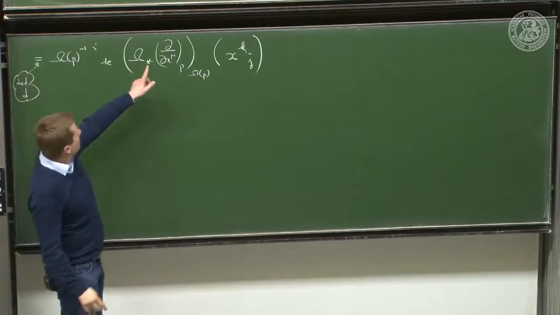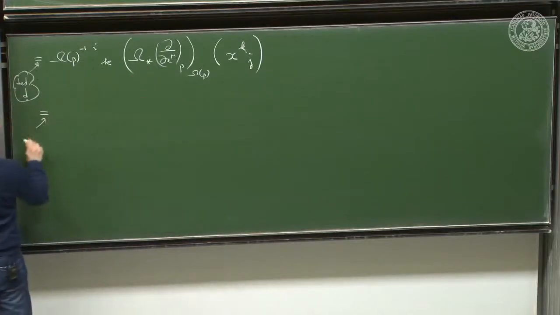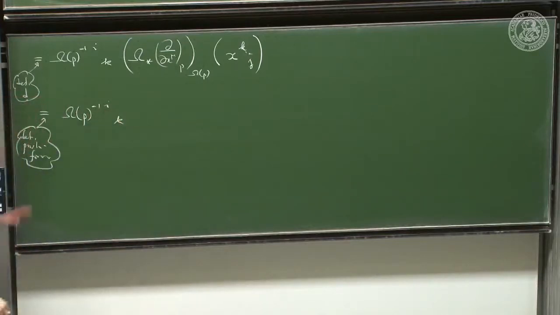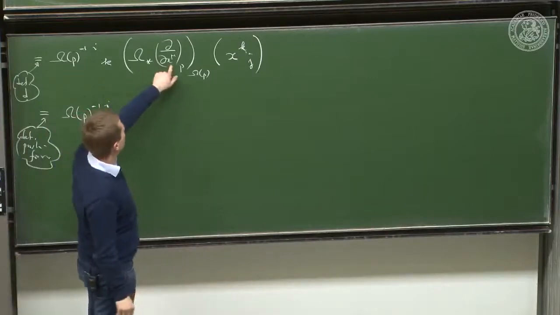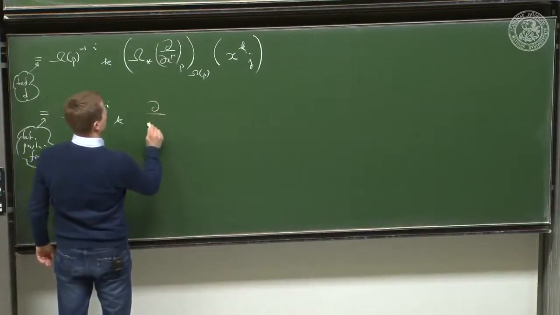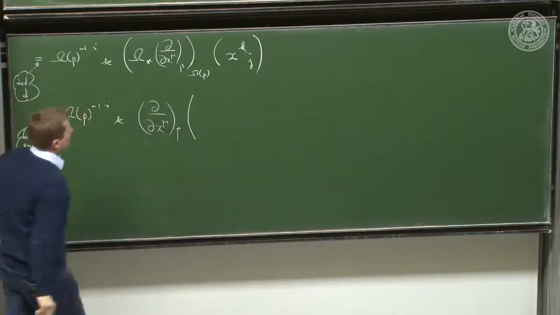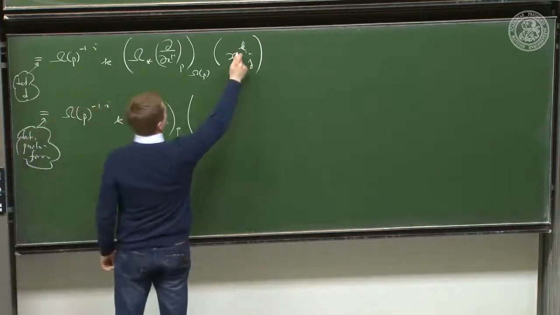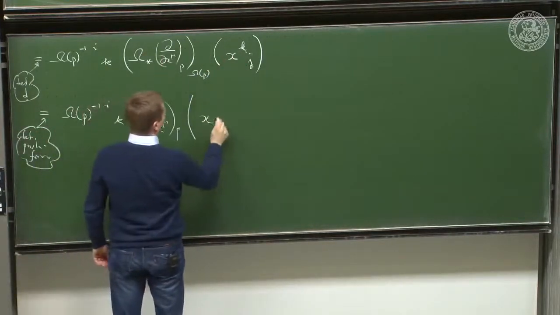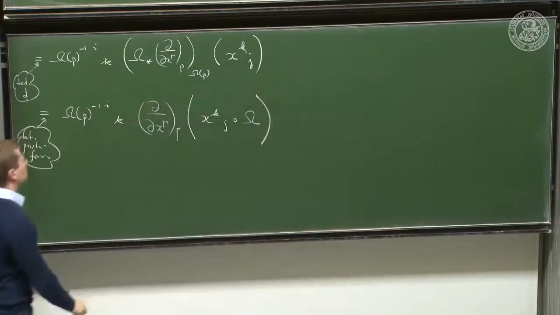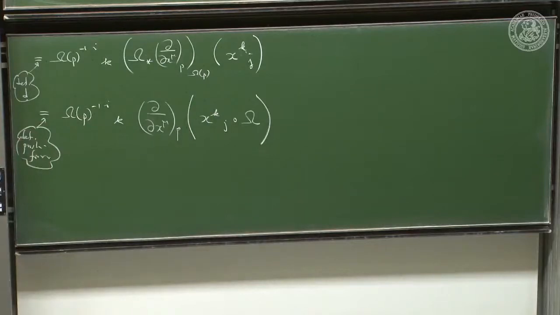But now we use the definition of the push forward. This is omega of p inverse, ik component. Now the definition of the push forward of a vector is that you apply the vector d by dx mu at p. You apply it to what? You apply it to the function that's this one after this one, x kj after omega. Okay? Aha, but what is that?